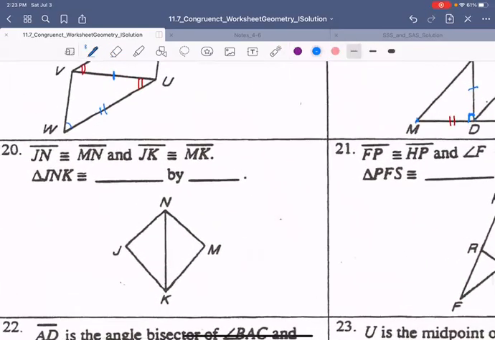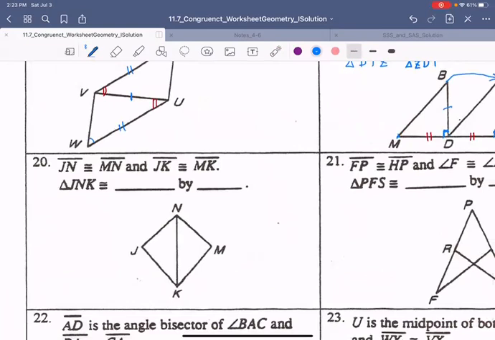Let's see, 20. Line JN is congruent to MN. Line JK is congruent to MK. Triangle JNK is congruent to triangle MNK by side, side, side.